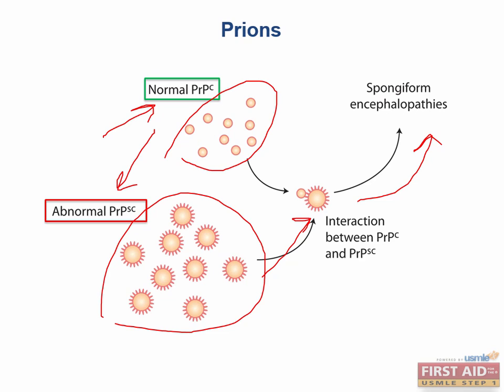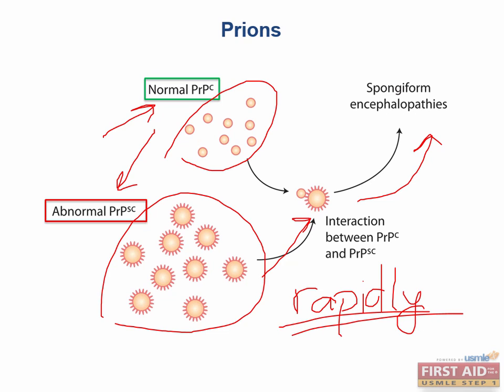The key feature of prion disease is that the dementia develops very rapidly. Age-related dementia, like Alzheimer's or vascular dementia, develops over years and years, while prion-associated dementia develops over the period of weeks to months.